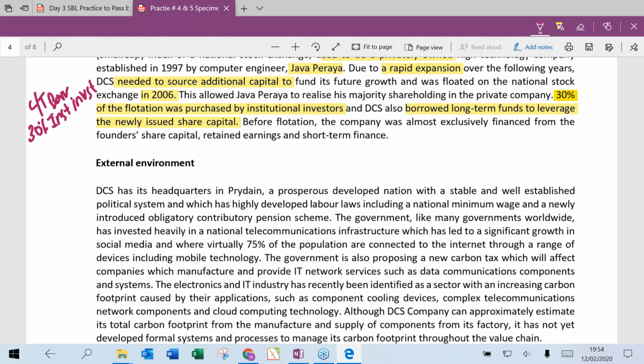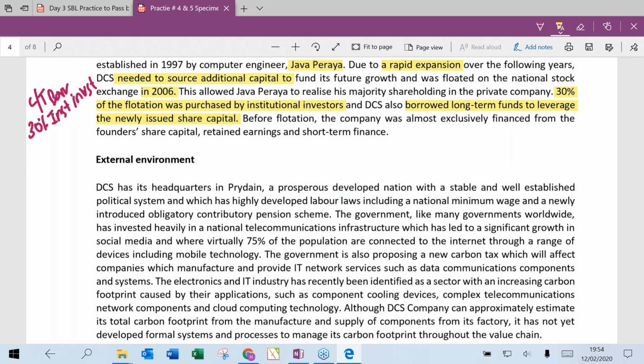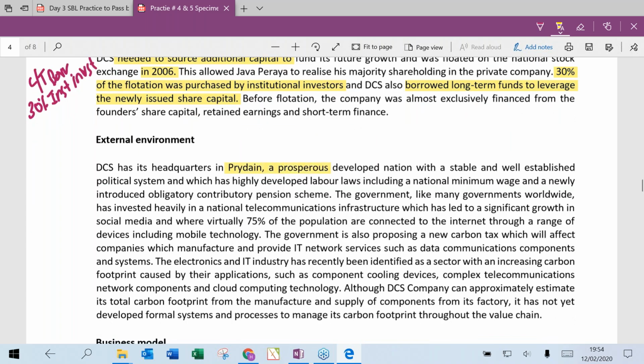Let's read a few lines from here as well. DCS is headquartered in Pryden, a prosperous, developed nation with a stable, well-established political system and highly developed labor laws, including national minimum wage and a newly introduced obligatory pension scheme.